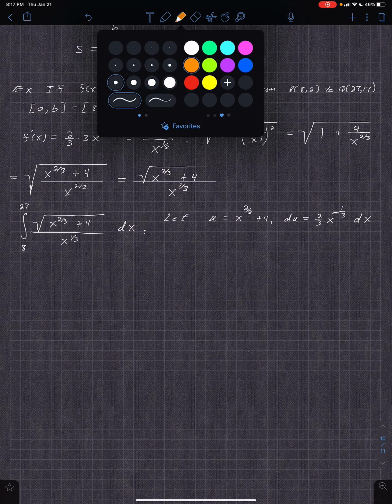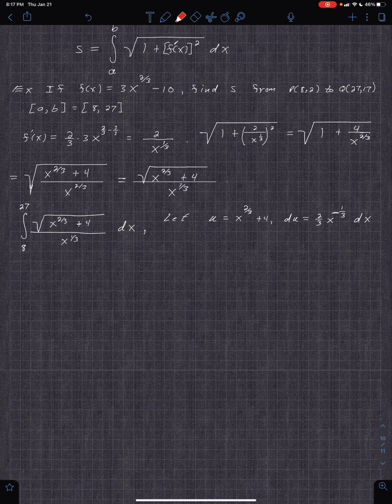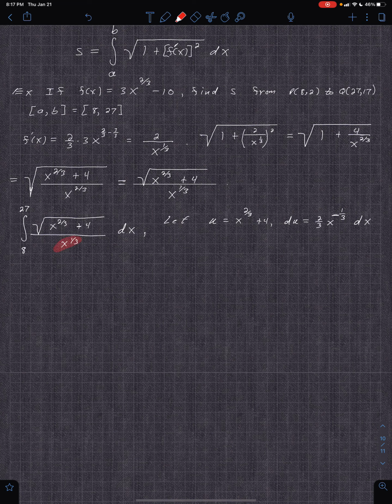So take a look at the highlight. This x to the 1/3 dx is my du, minus the integrating factor, of course, the constant that gets in there.